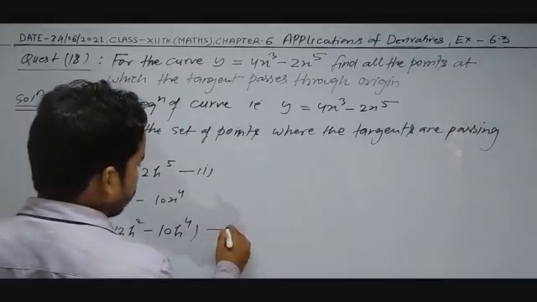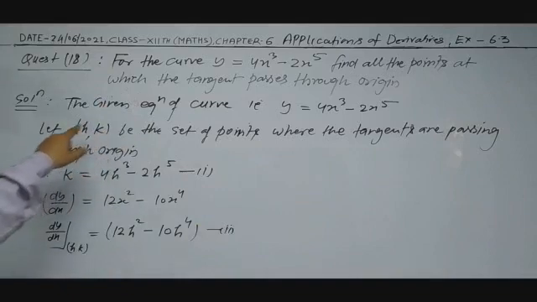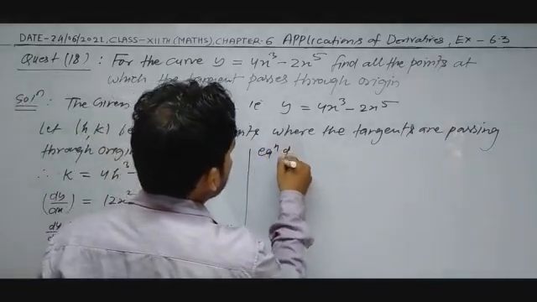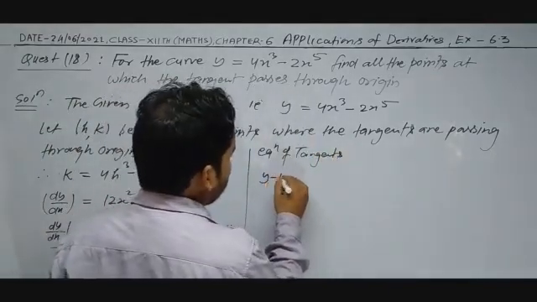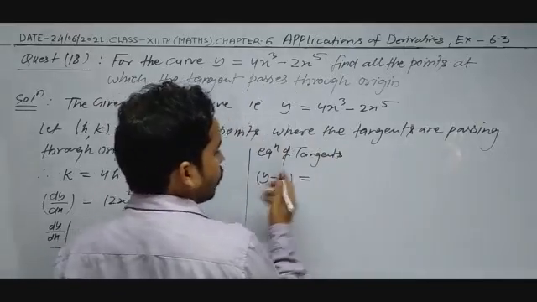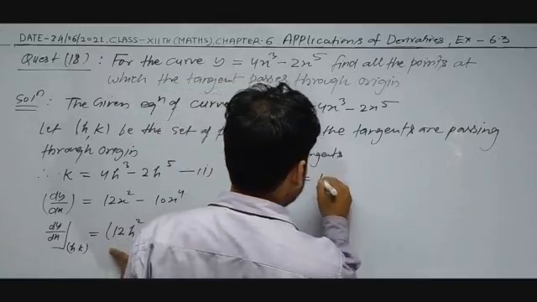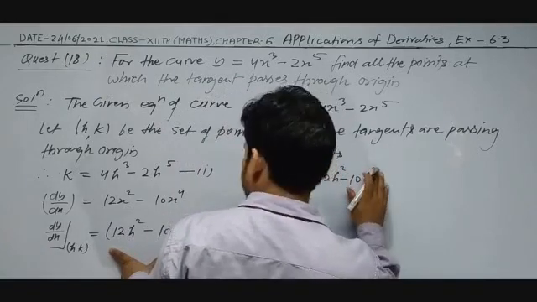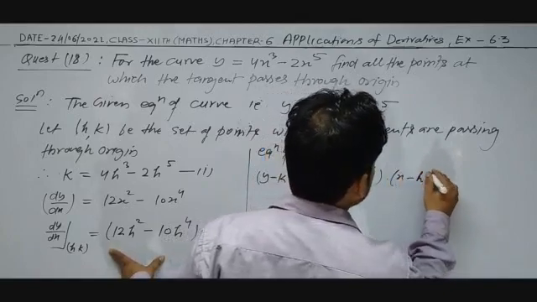Now consider equation 2. Since the tangent is passing through the point h comma k, and its slope is this, so the equation of tangent will be y minus k is equal to 12h square minus 10h to the power 4 into x minus h.